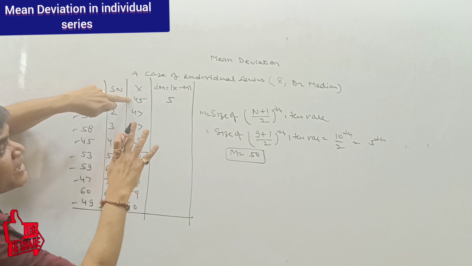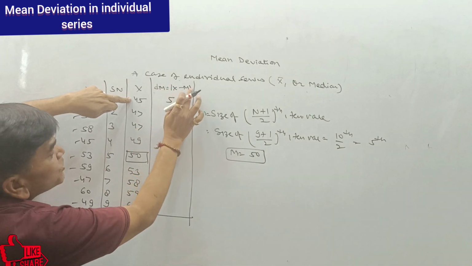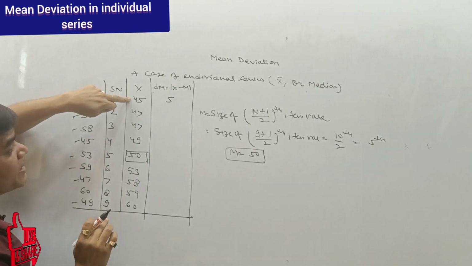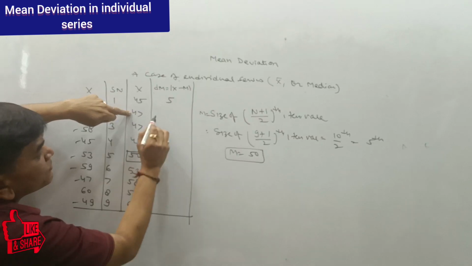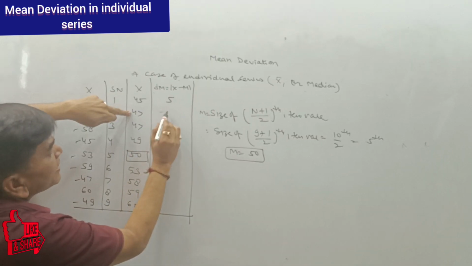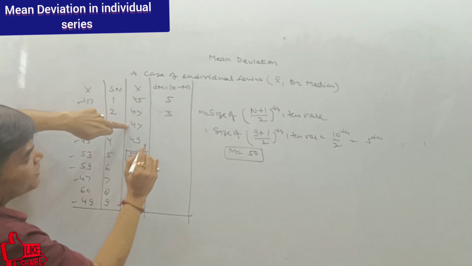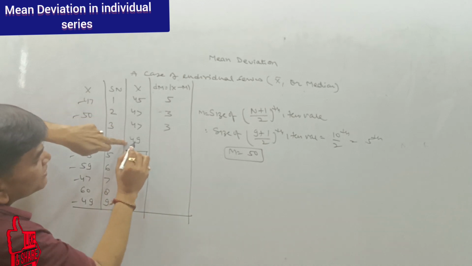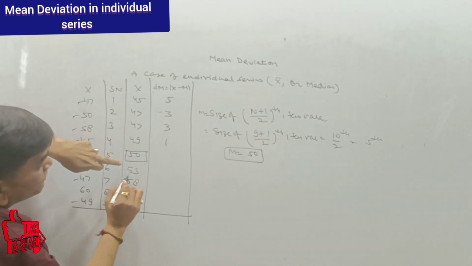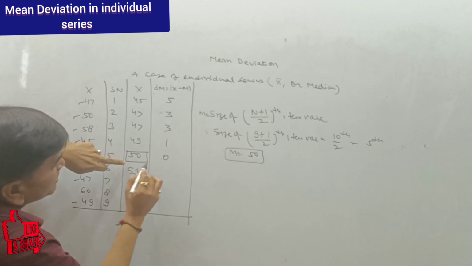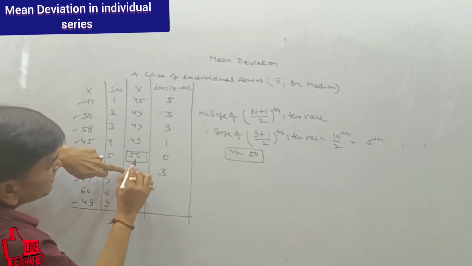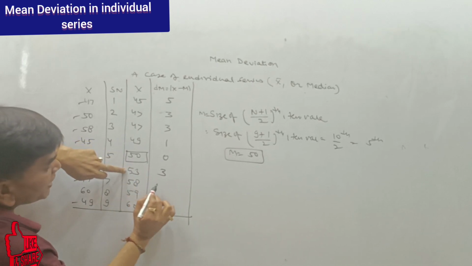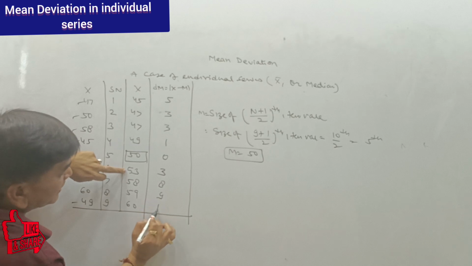We will ignore plus and minus, because these symbols show that we have to ignore plus minus. 47 minus 50, that will be 3, 47 minus 50, 3, 49 minus 50, 1, 50 minus 50, 0, 53 minus 50, 3, 58 minus 50, 8, 59 minus 50, 9 and 10.